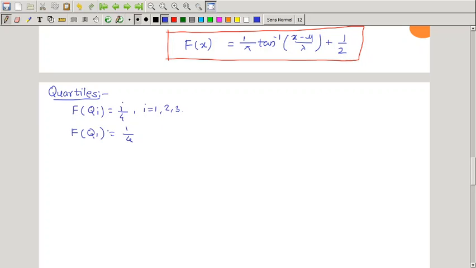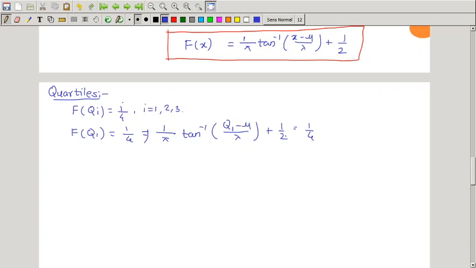We know that F of x is 1 upon pi tan inverse of x minus mu upon lambda plus 1 by 2, so replacing x by q1, 1 upon pi tan inverse of q1 minus mu upon lambda plus 1 by 2 is equal to 1 by 4.